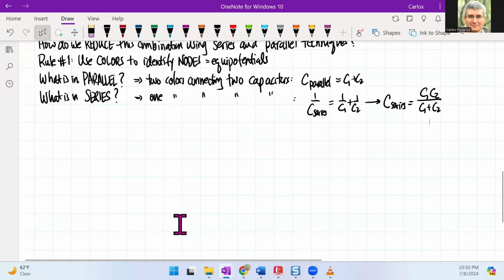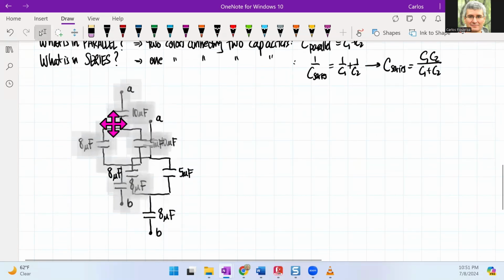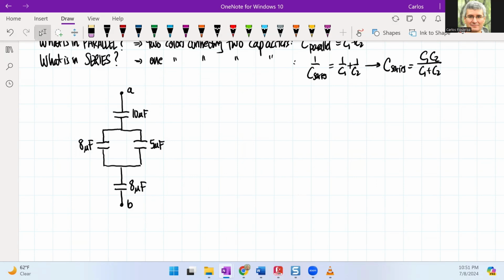So here we go. The first thing that I'll do is that here's my circuit, and I'm going to ask what's in parallel. Okay, so the first thing I've got to do is draw my colors. So let's start drawing colors. Right here, I'm going to call that purple.